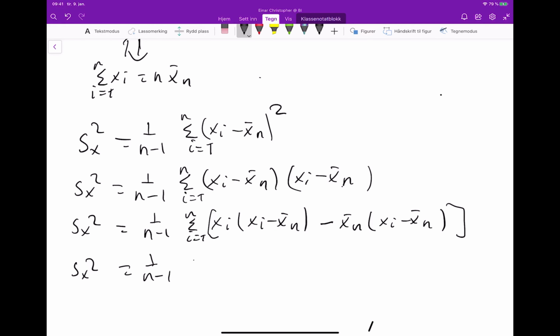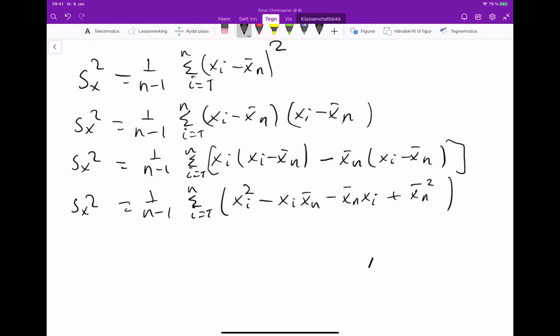So now I get xi times xi is xi in the power of 2, minus xi x bar n, minus xn bar xi, plus, because minus times minus is plus, xn bar in the power of 2, like this.